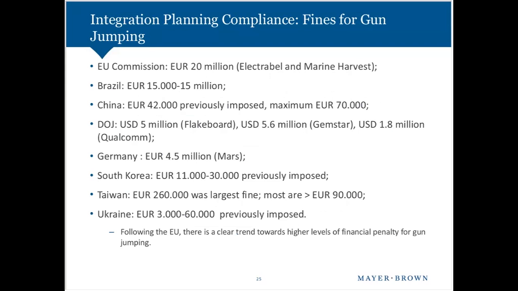I mean, the EU, without doubt, takes the prize here with, at the moment, a threshold of 20 million euros in cases where there were no competition issues. So pretty severe in the EU, but certainly a trend elsewhere for that type of gun jumping to be dealt with pretty severely.